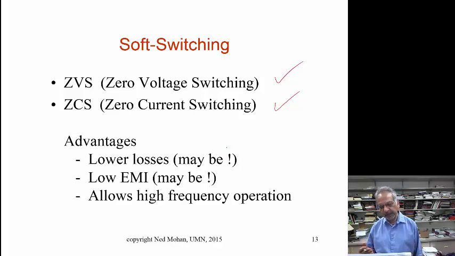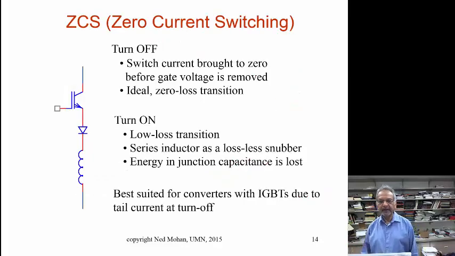Lower EMI, maybe, as you'll see here, there's no clear-cut case that can be made, but certainly in many circuits it results in low EMI. And therefore with these two, if they are achievable, then we can operate at higher frequencies, which is always the goal, to reduce the filter size.